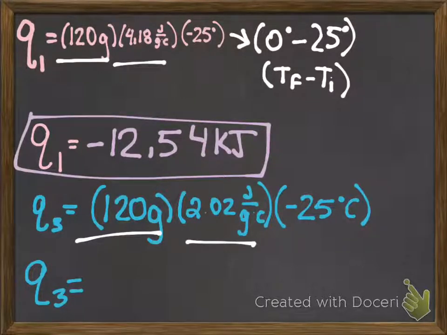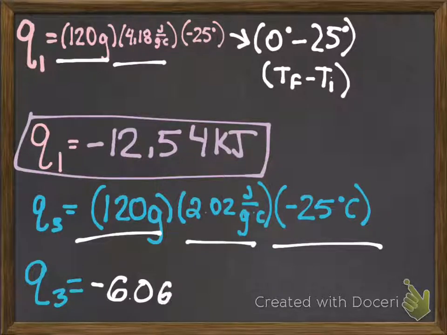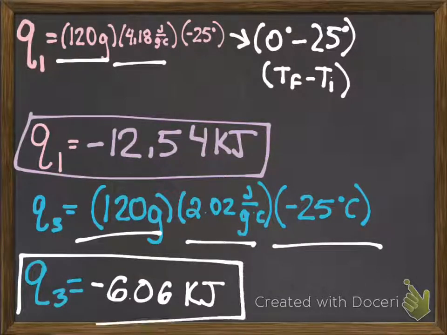And your change in temperature would be negative 25 degrees Celsius. So you plug these numbers into your calculator and you would get negative 6.06 kilojoules. So these are your Q1 and your Q3.